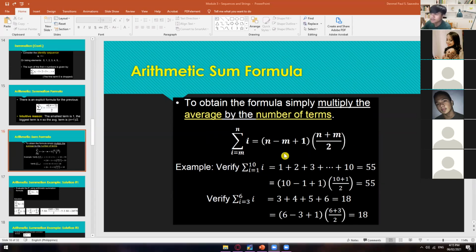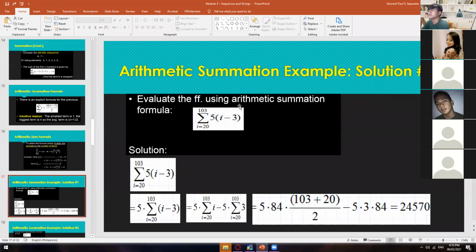Yes, sir. Okay, so again, my advice here is memorize this formula. All right, so let's have an example. Arithmetic summation example, number 1. Evaluate the following using arithmetic summation. As you can see right here, we have a summation from 20 to 103 with this formula, 5 times i minus 3.